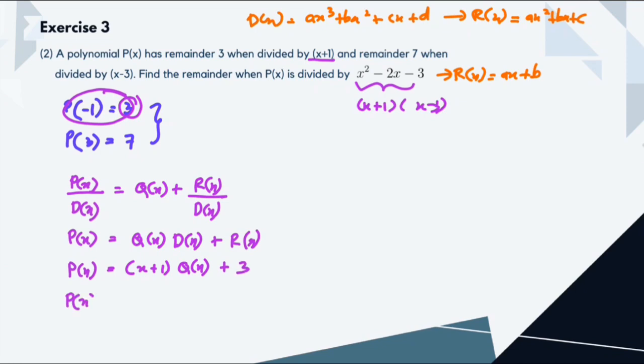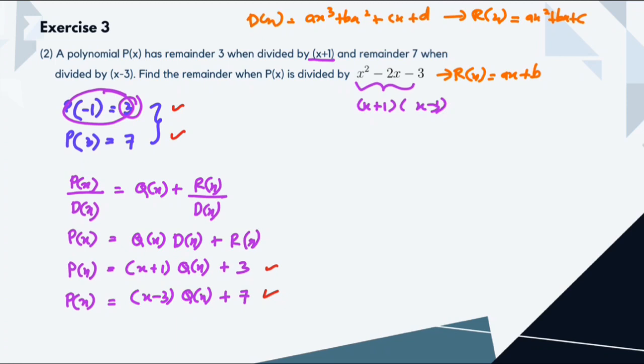And the same polynomial divided by the divisor x - 3 times the quotient gives the remainder 7. I got these statements from the information we concluded just now.